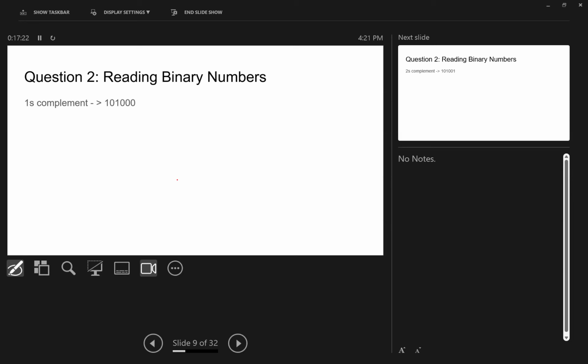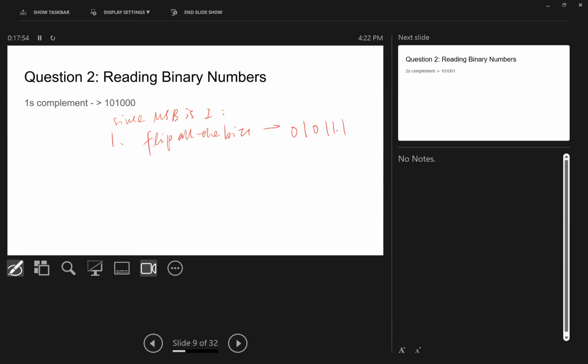So since MSB is 1, we are going to flip all bits. And after flipping all bits, the result should be 0, 1, 0, 1, 1, 1, right? And that's the absolute value for this negative number.